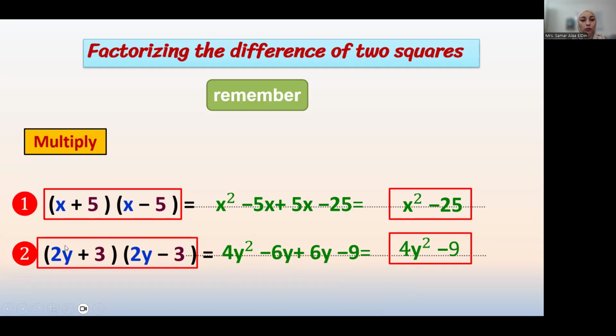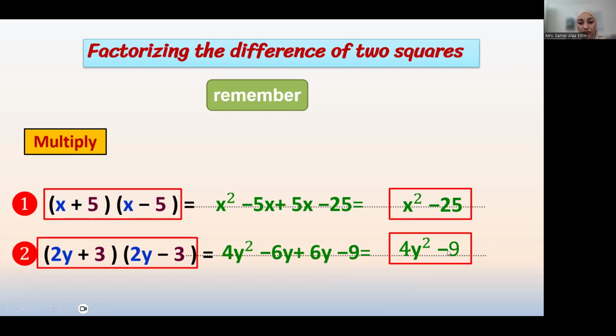We note that we have two brackets having the same terms, 2y and 2y, and 3 and 3. The only difference between them is the sign.